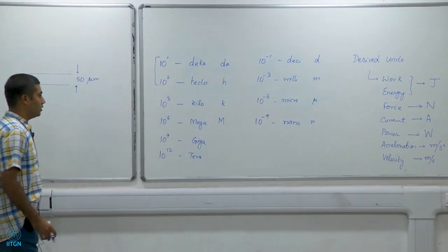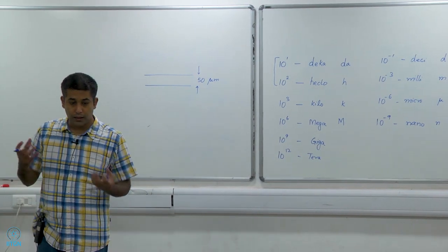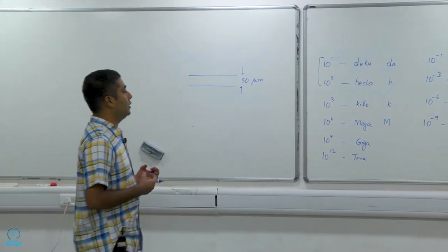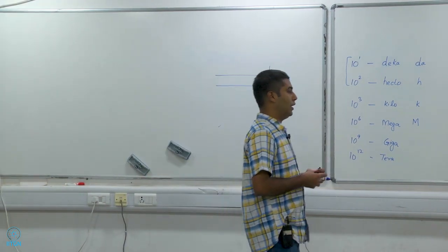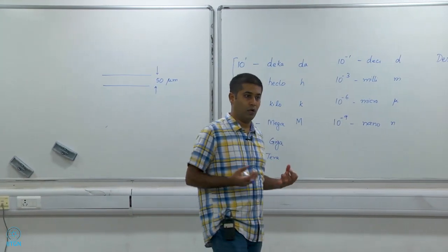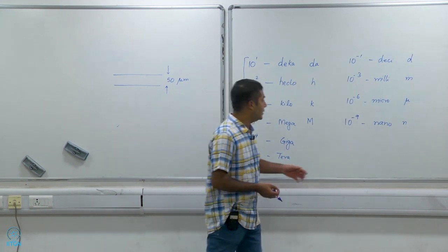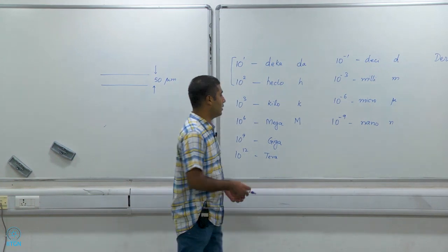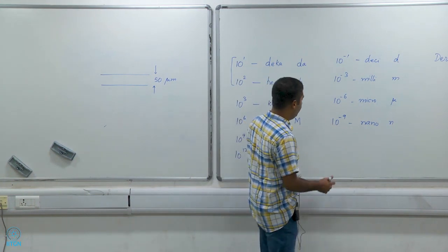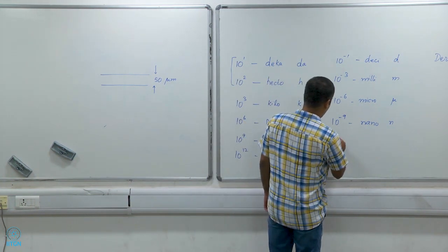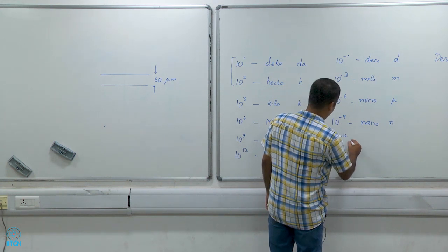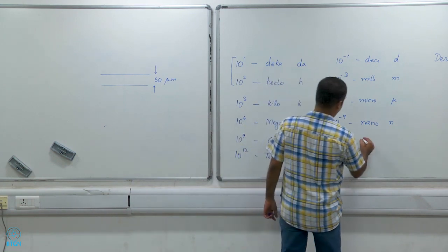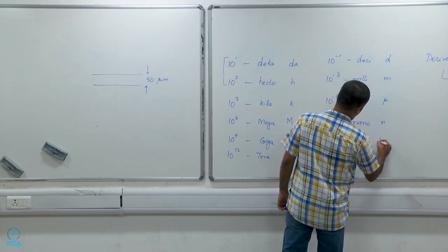A lot of things we hear these days: nanotechnology, nanosensors, nano devices, nanocatalysts, and so on. Those are all at the scale of 10 power minus 9 meters, and that is why we need another multiplier. There is 10 power minus 12. I'm not sure what it is called. Pico, okay. So, pico, and this is p.